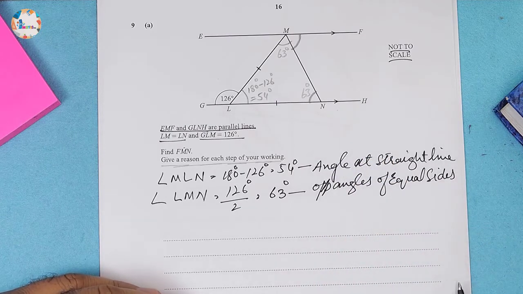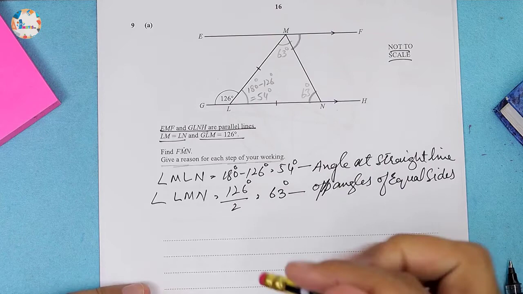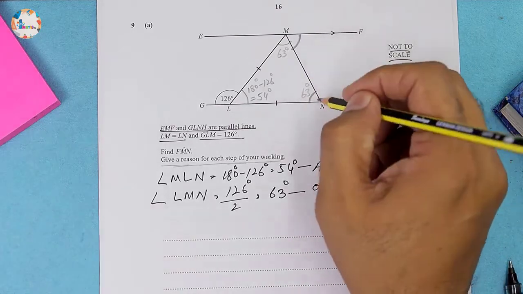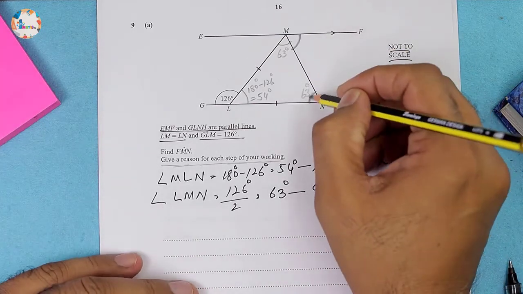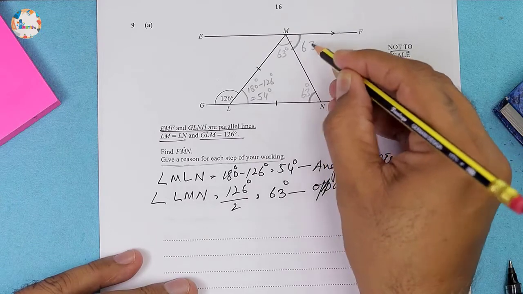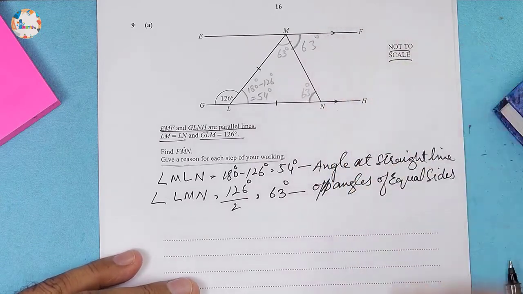Then we can write this angle as well. These two lines are parallel, so this angle will be equal to this angle, which is 63 degrees.